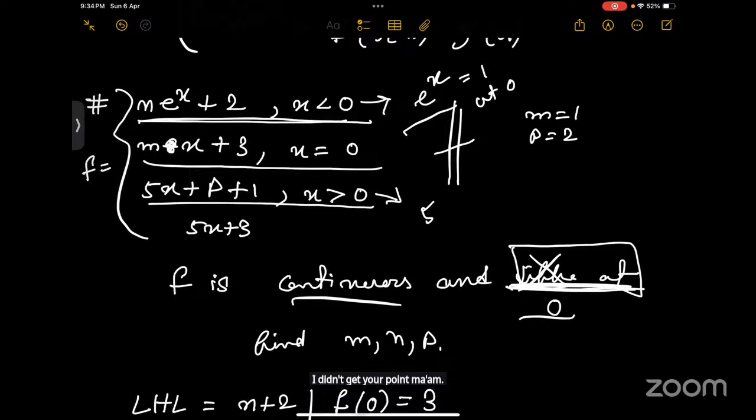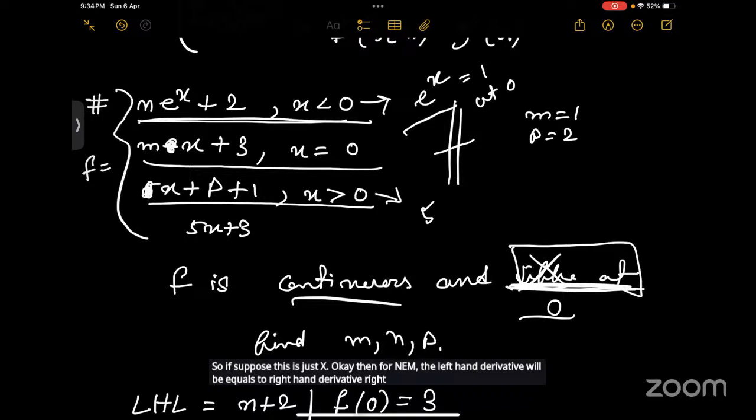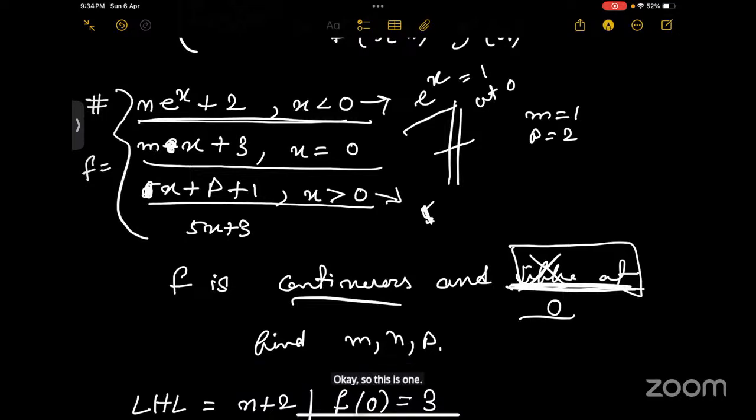I didn't get your point, ma'am. So suppose this is just x. Then for any m, the left hand derivative will be equal to the right hand derivative, right? This is 1. That means the left hand derivative is equal to the right hand derivative for any m. So if m is equal to 1, then also it is satisfying.